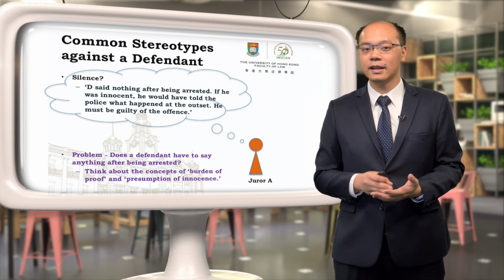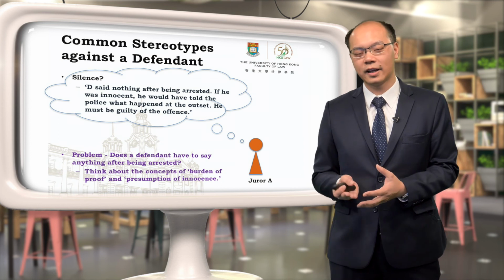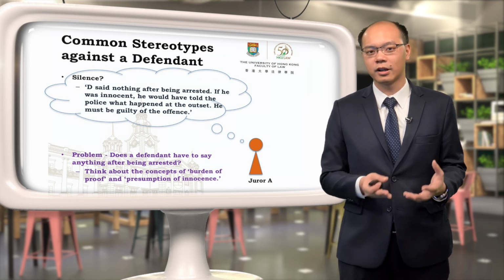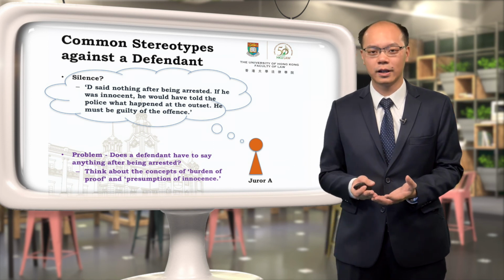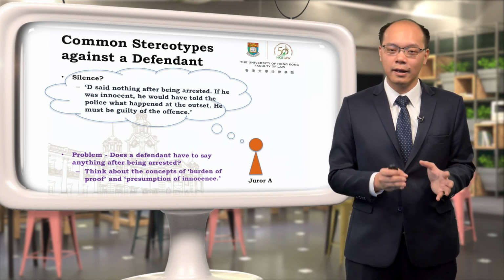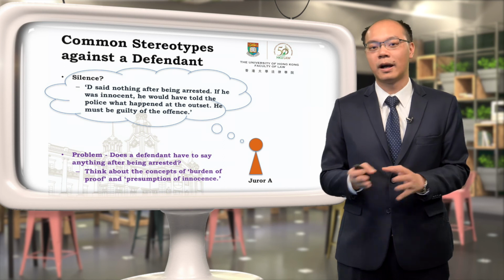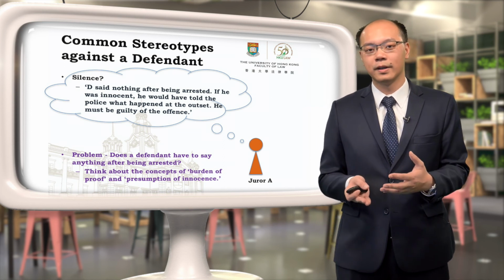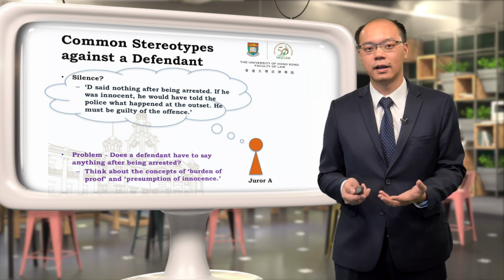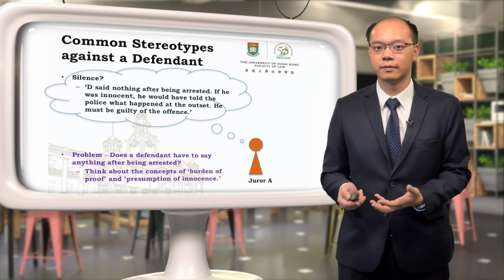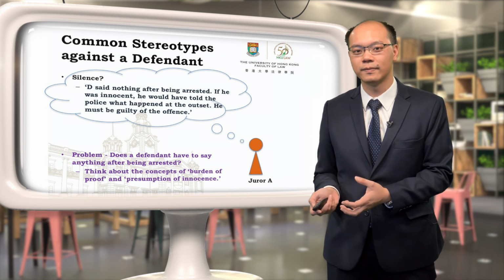And another important principle is that in Hong Kong, being one of the common law jurisdictions, we have something called the presumption of innocence, right? So unless you have been proved guilty by the court, you are still innocent. You don't have to do anything or say anything to prove that you are innocent, because you are presumed to be innocent, okay?